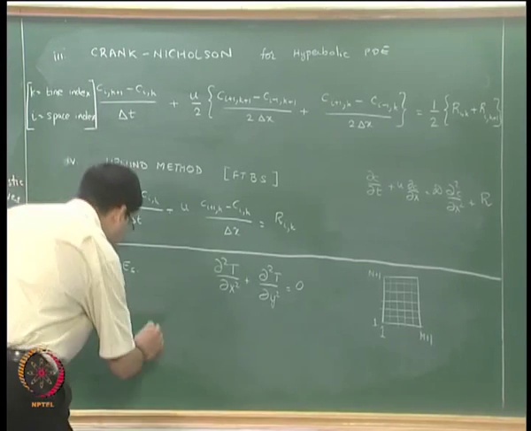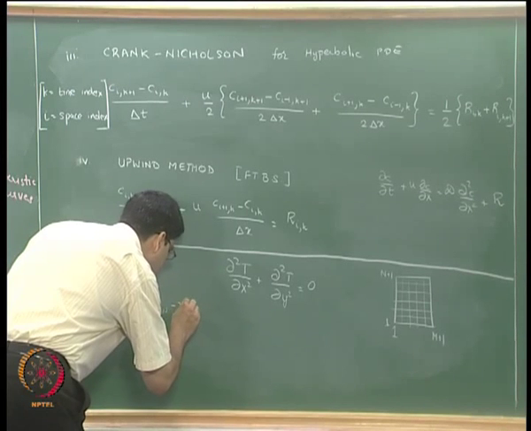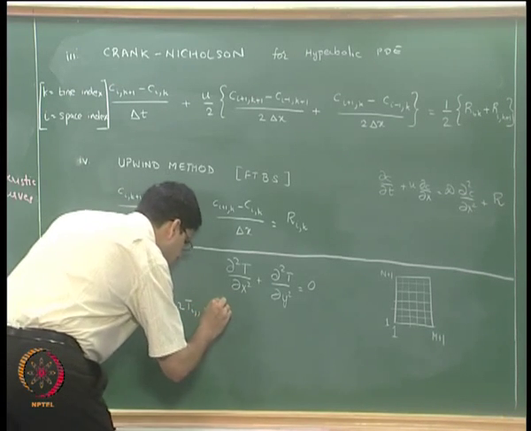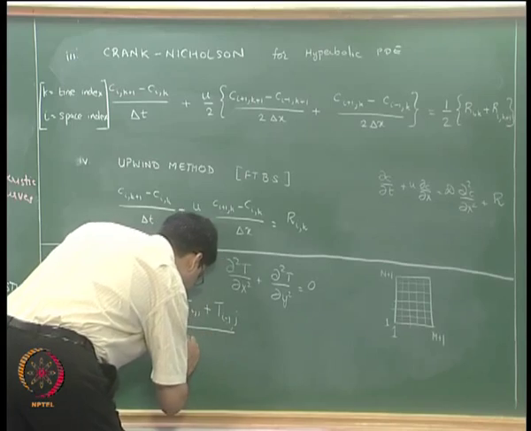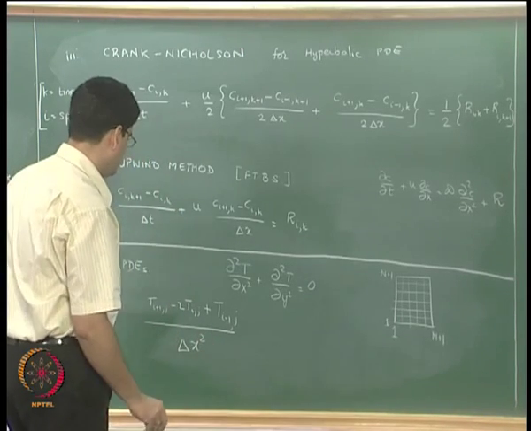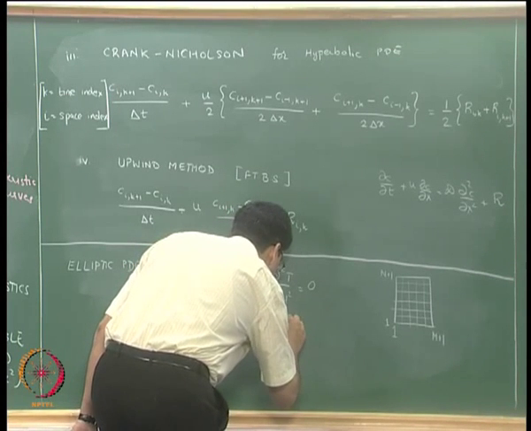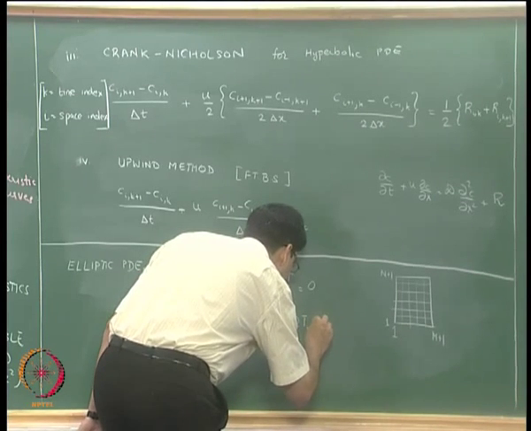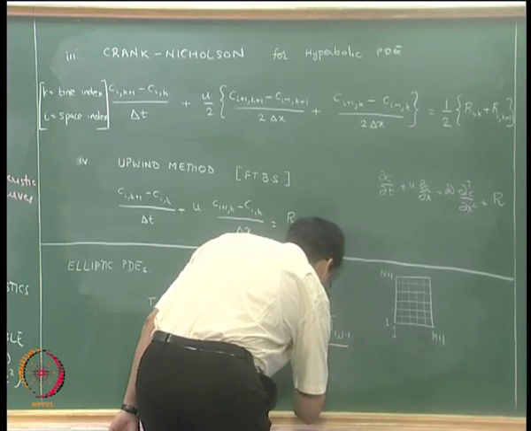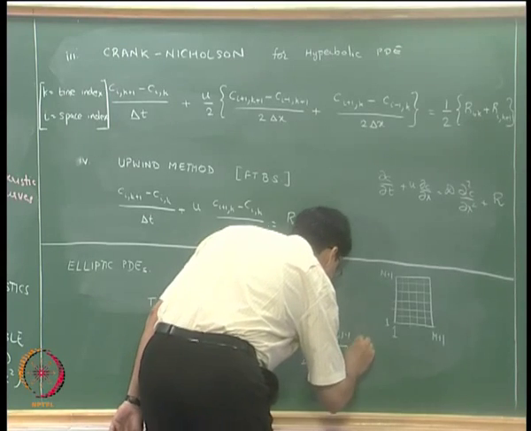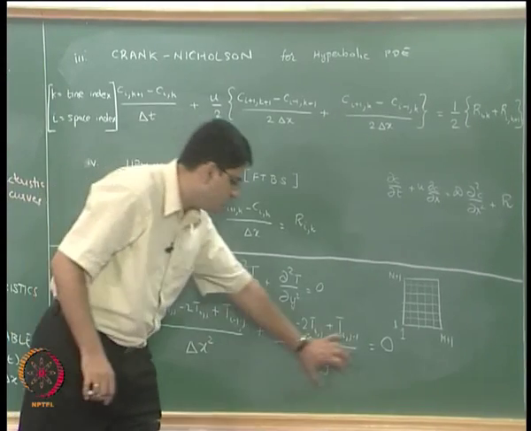For all the interior points we will get (T(i+1,j) - 2T(i,j) + T(i-1,j)) divided by delta x squared plus (T(i,j+1) - 2T(i,j) + T(i,j-1)) divided by delta y squared equal to 0. Okay. And this is going to be the overall equation.